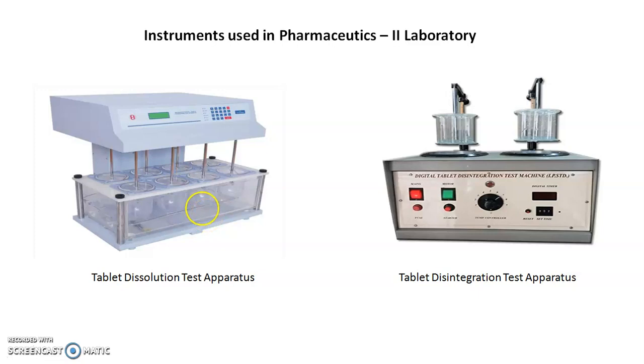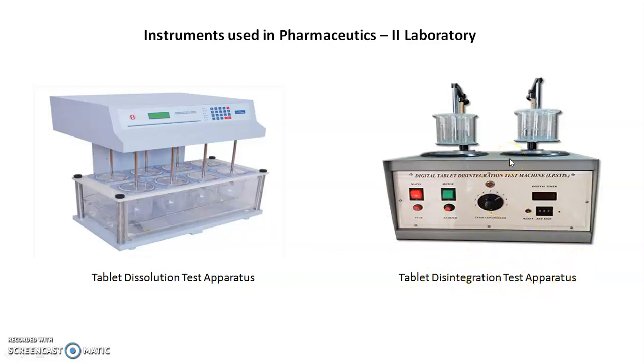Here we can see a total of 8 baskets and 8 paddles. This is the tablet dissolution test apparatus which is used for evaluation of tablets, especially for taking the dissolution test of tablets.